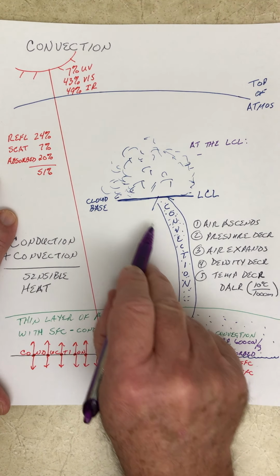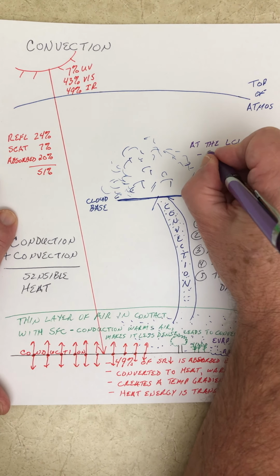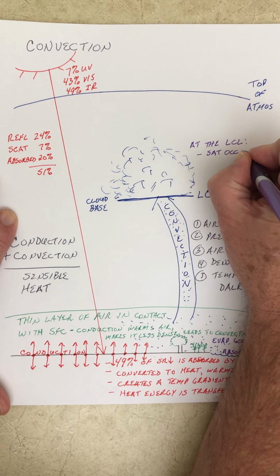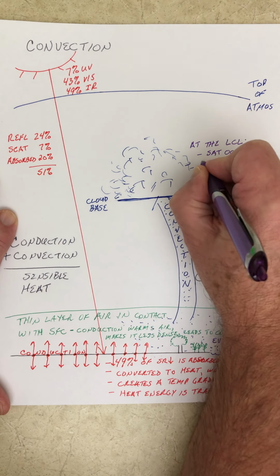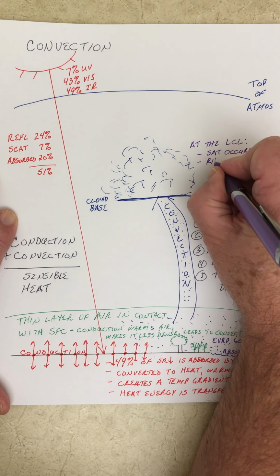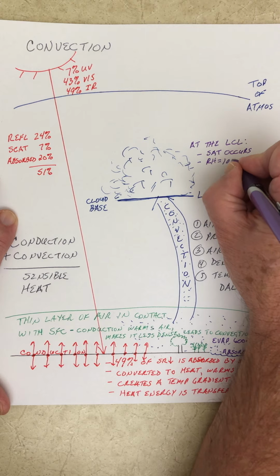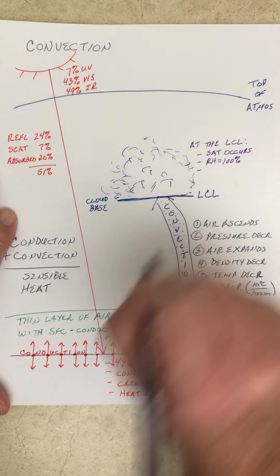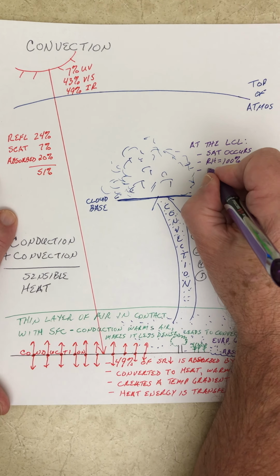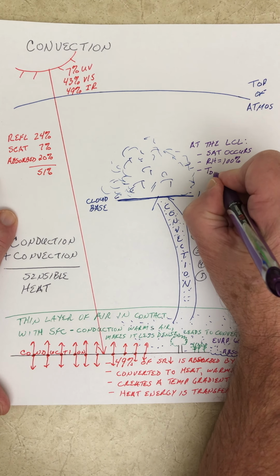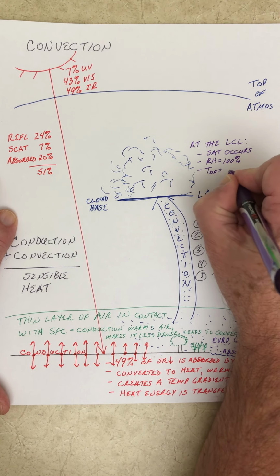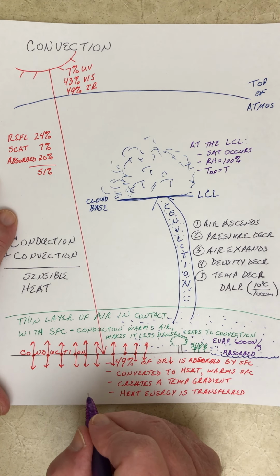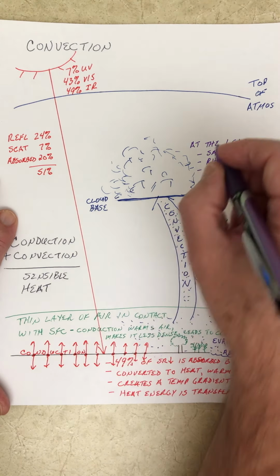So first of all, we had to hit saturation, so saturation occurs at the LCL, okay? What does that mean? It means that the relative humidity equals 100%. Okay? If the relative humidity equals 100%, that means that the dew point temperature now equals the temperature. So the dew point temperature and the temperature are equal at this point at the LCL, okay?